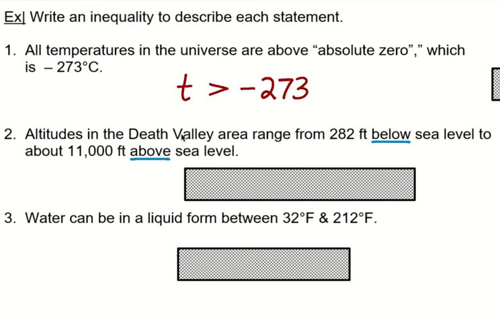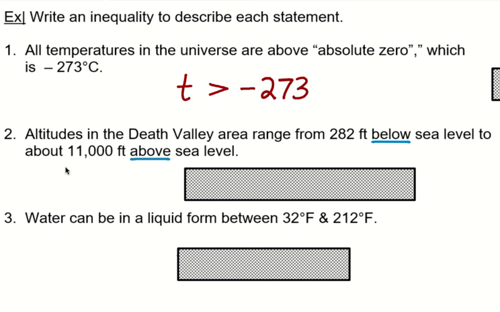Altitudes in the Death Valley area range from 282 feet below sea level to about 11,000 feet above sea level. So basically this below and above business just pretty much means that this is going to be like a negative 282 and a positive 11,000.